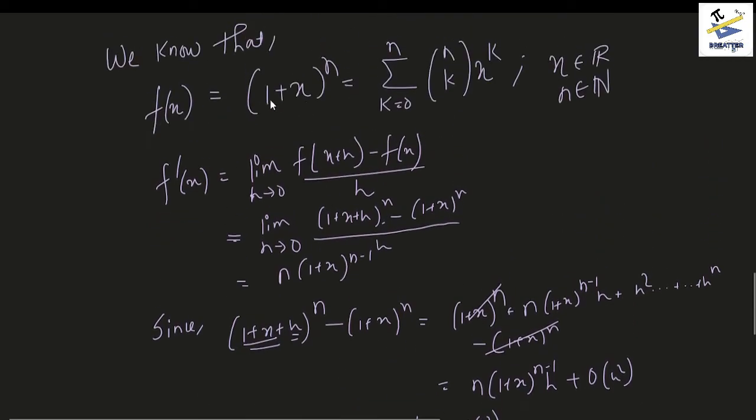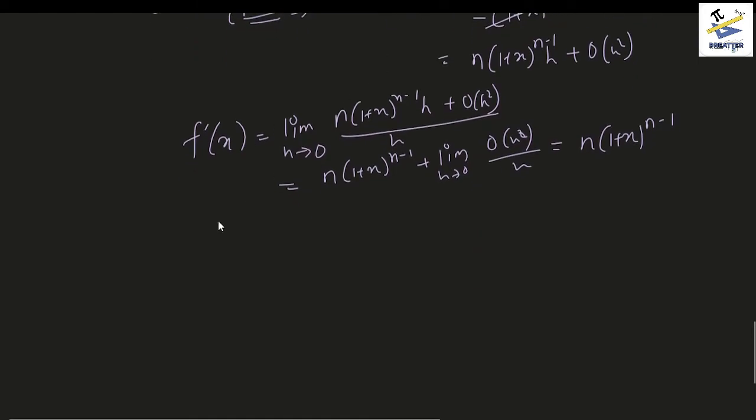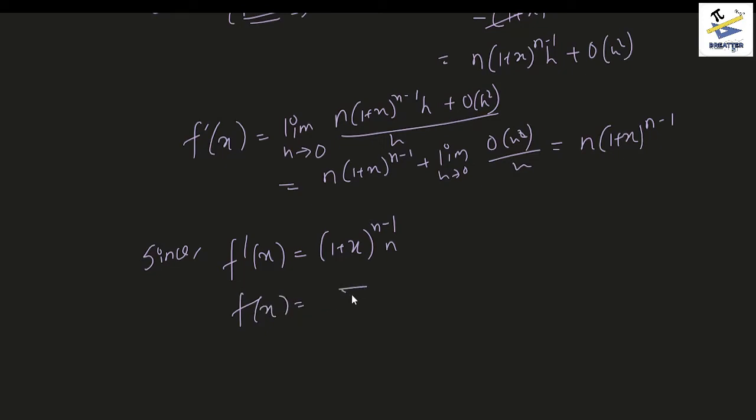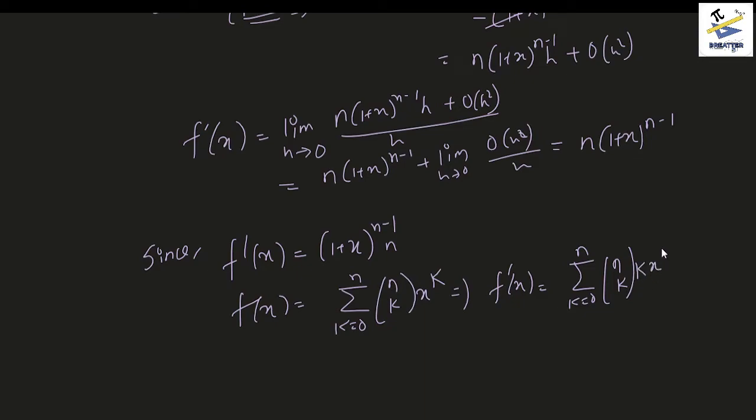Now once you calculate a derivative, you see what happens here. Since f dash x equals 1 plus x whole to the power n minus 1 into n, but also f x was equal to summation k equals 0 to n nCk x to the power k. So differentiating this side of the variable, we get still f dash x equals summation k equals 0 to n nCk, and we get k into x to the power k minus 1, where we are differentiating only the x to the power k part because everything else is constant.